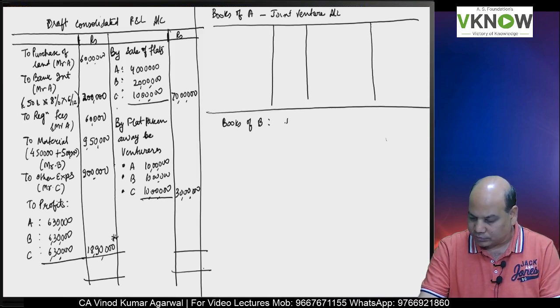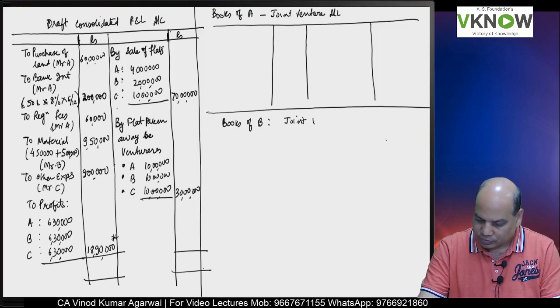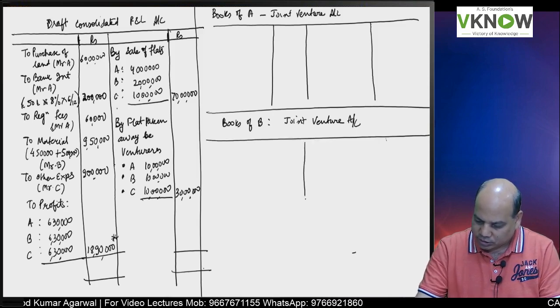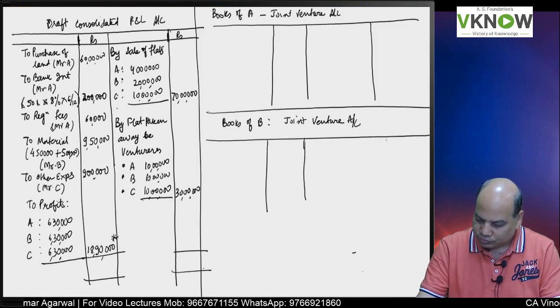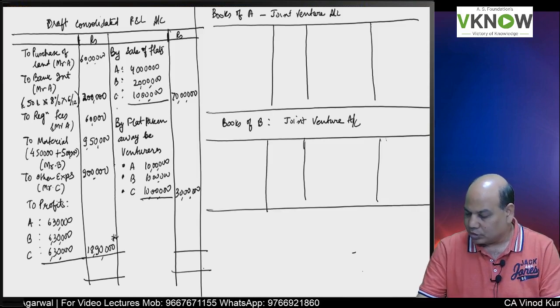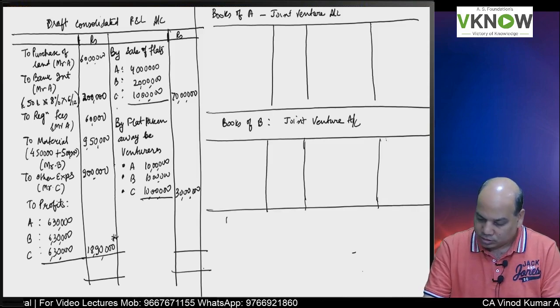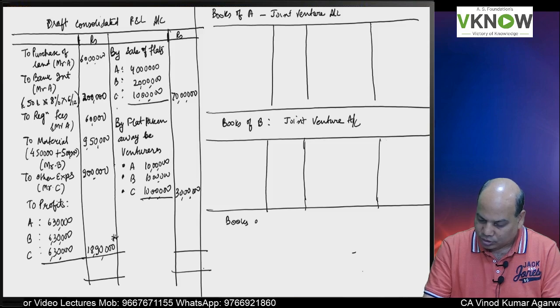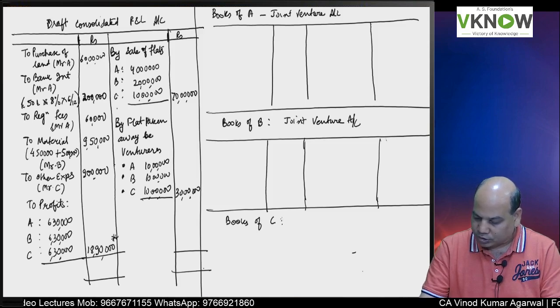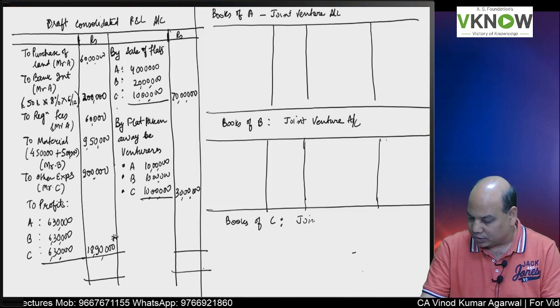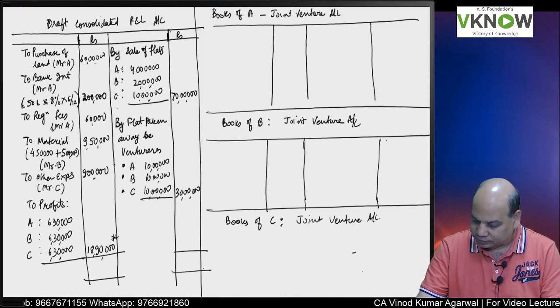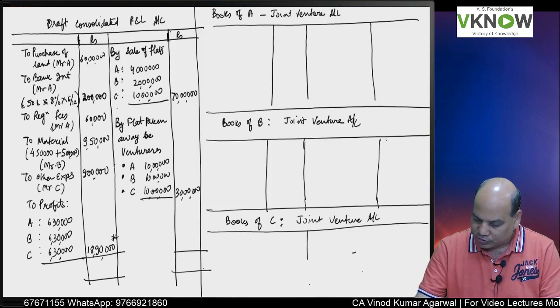Books of B, joint venture account. So you just have to record transactions relating to joint venture. You must have done this in your 12 standard classes or foundation course. Any other presentation is okay as long as your answer is correct. Joint venture account in the books of C.